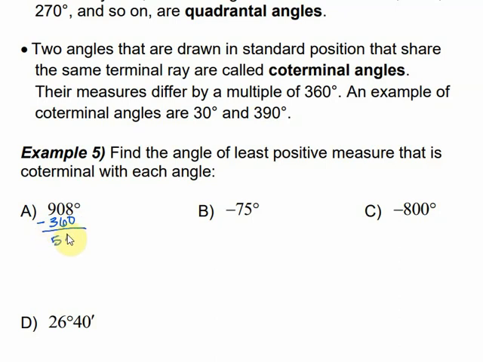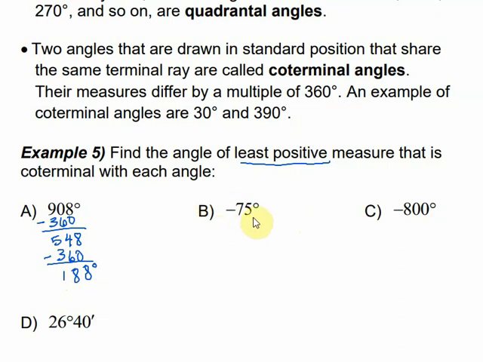They want the least positive measure, so it's going to have to be something between 0 and 360 degrees. So let's subtract 360 again. I get 188. So that would be the angle of least positive measure that's coterminal with 908 degrees.